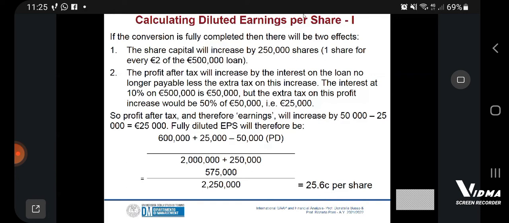Of course, I will have to take into consideration the after-tax effect, that is applying the tax rate, which is the real impact in the financial statements of the company. That is, the interest of 10% on the amount of the loan. Actually, the interest expenditure is $50,000, okay? But after the tax effect it will be only $25,000.